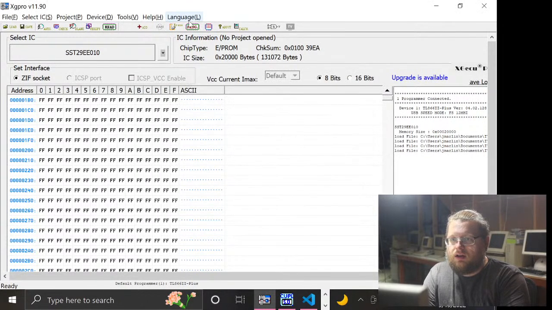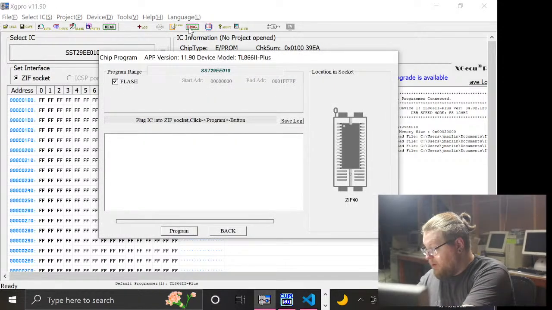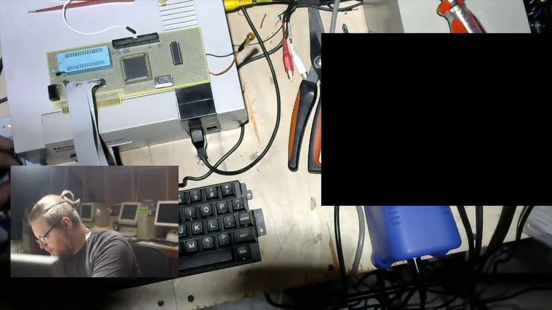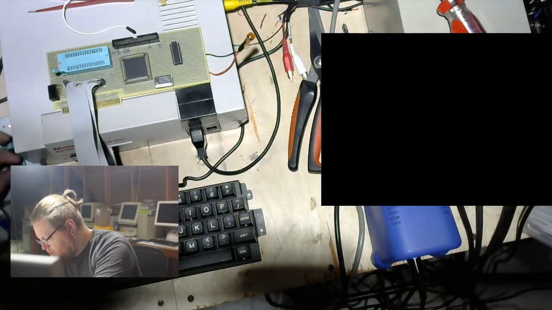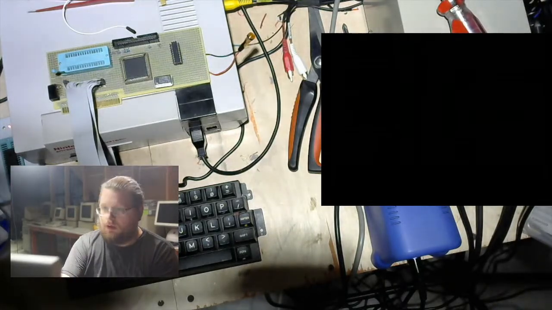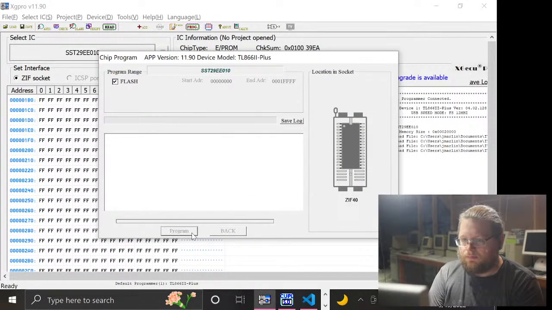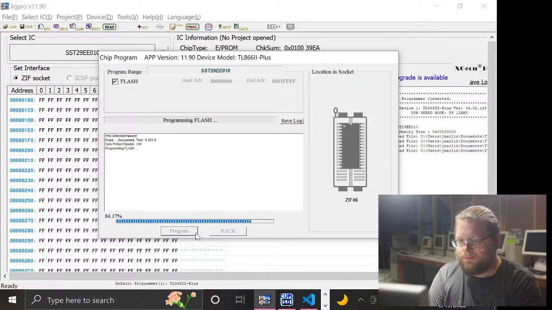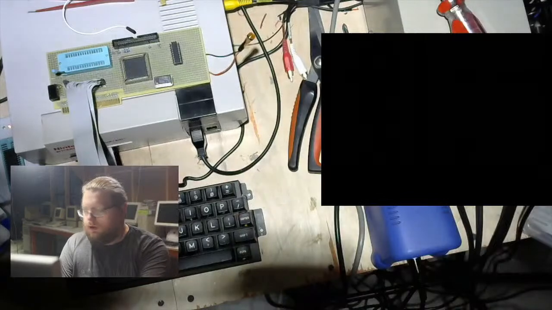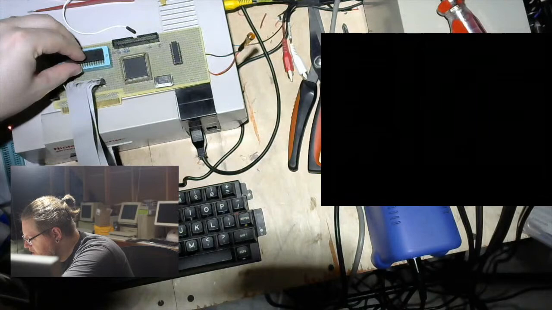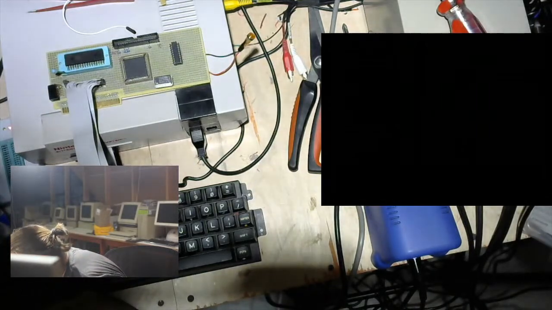And okay, power off. Program. And it seemed to be working without that pin attached. I don't know what that pin is. It's supposedly pin 1.